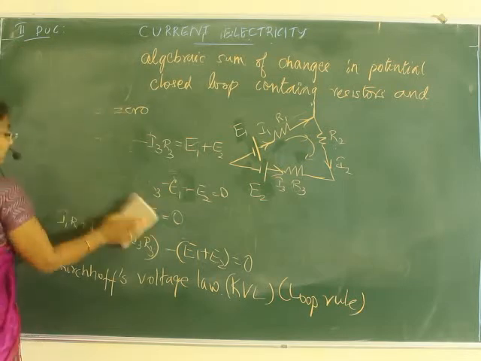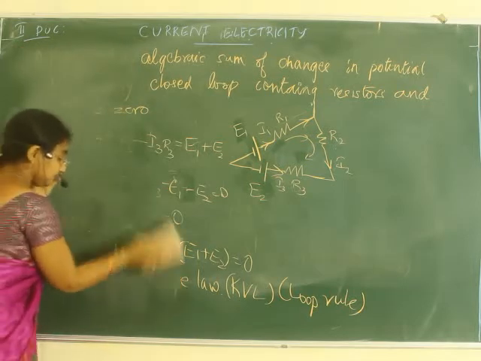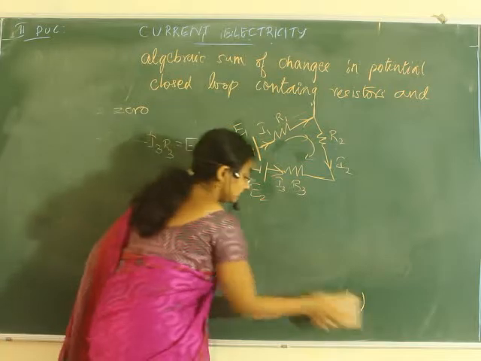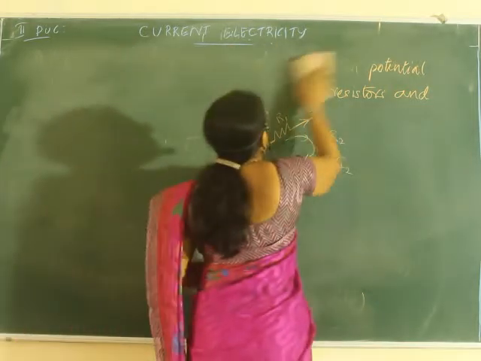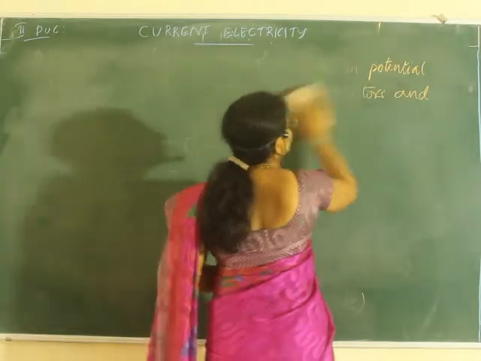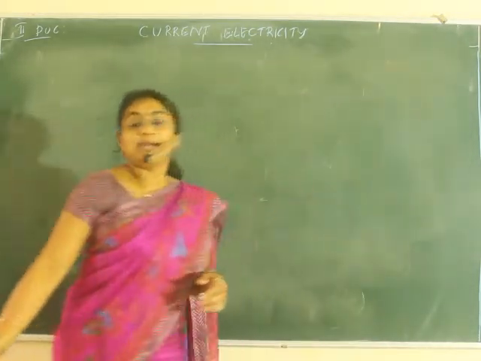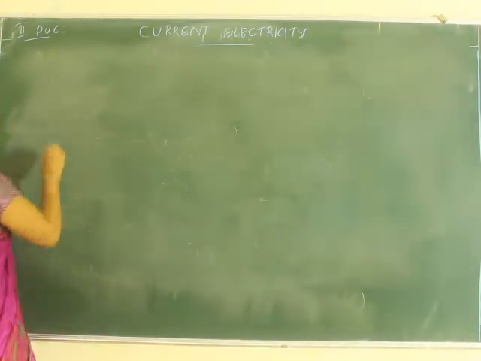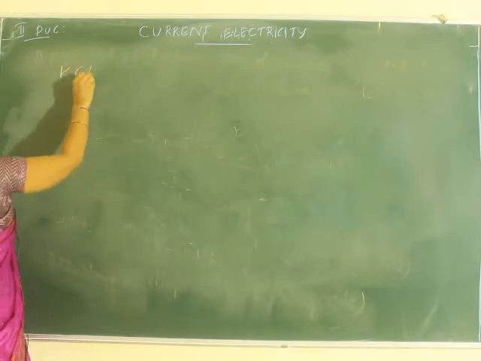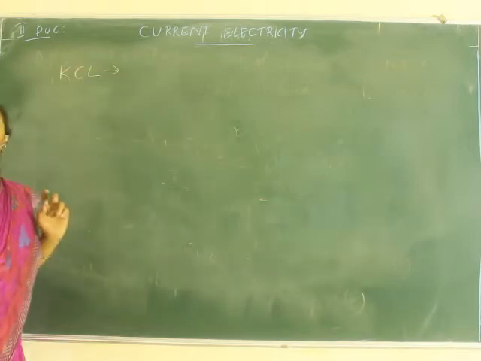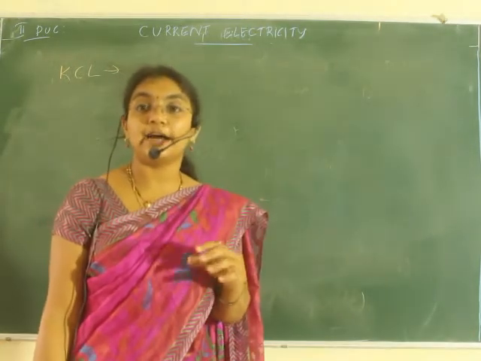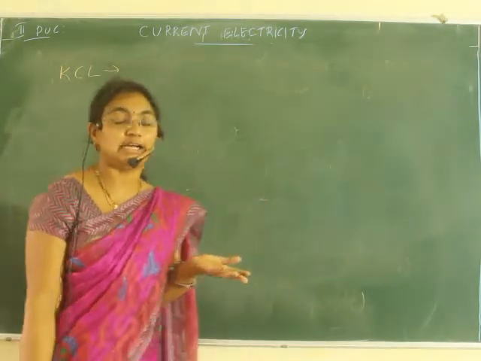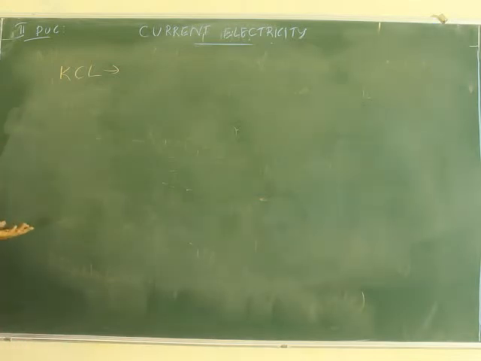Next, what I want to speak here is our KCL and KVL rule, what it signifies. KCL rule, what it says, sum of current entering the junction is equal to sum of current leaving the junction. Correct? At any junction.